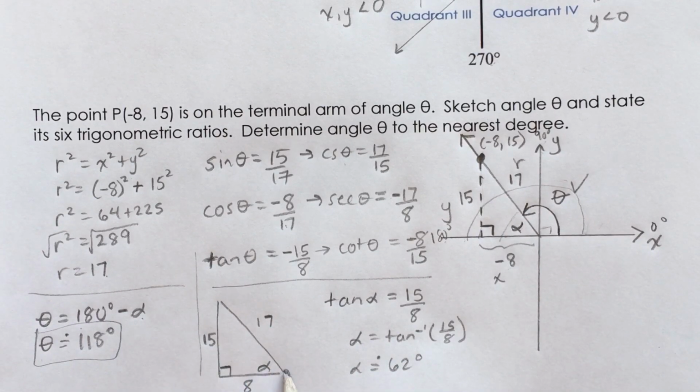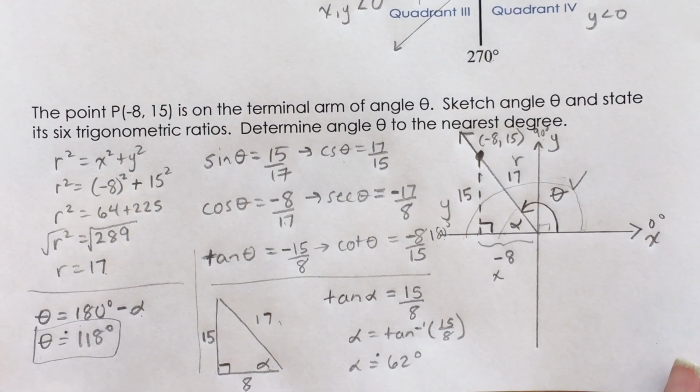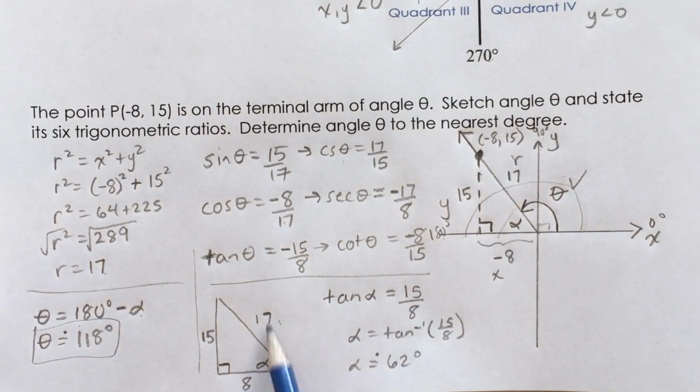And then we created a triangle, an acute triangle with alpha that had all positive sides, like a grade 10 triangle. Figured out what angle alpha was using the tangent ratio, although we could have used sine or cos because we knew all three sides. Figured it out to be 62 degrees, and then subtracted 180 minus the 62 to get our 118 degrees.